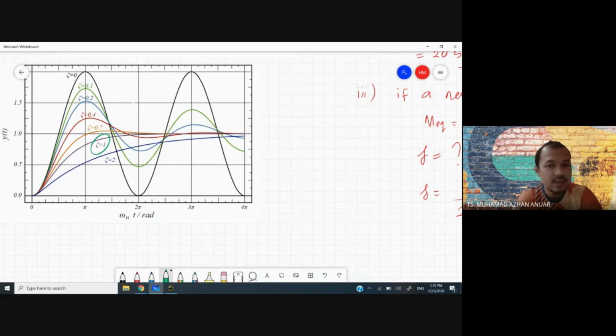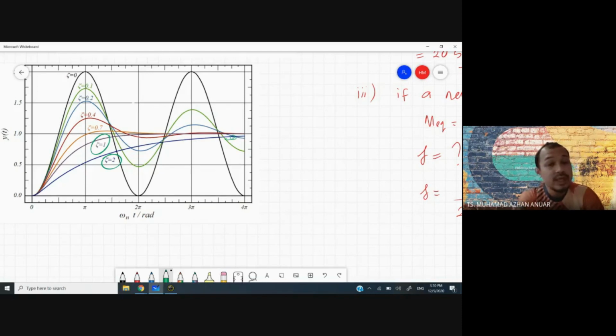But when you increase the zeta value, the system will experience an overdamped condition. There is no vibration in the system, but it will take a longer time, as compared to a critically damped system, to return back to equilibrium position.